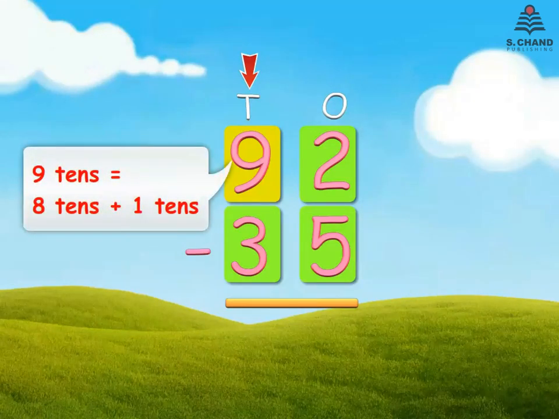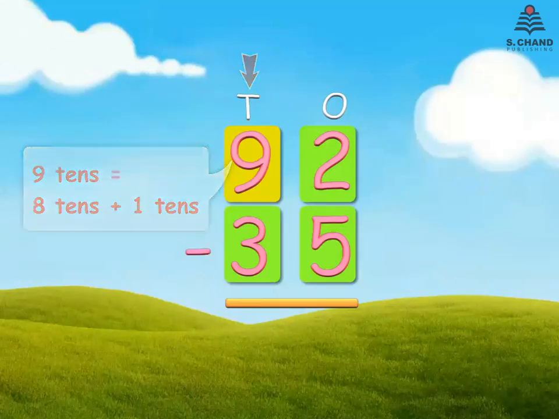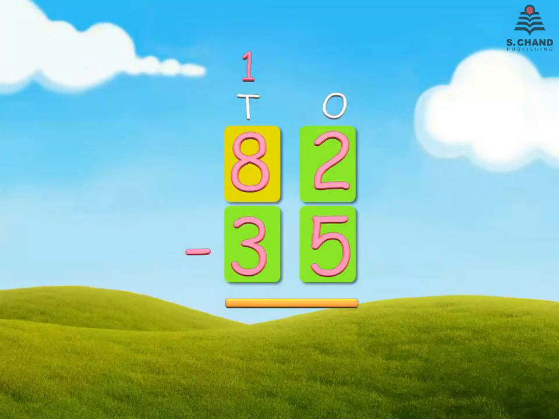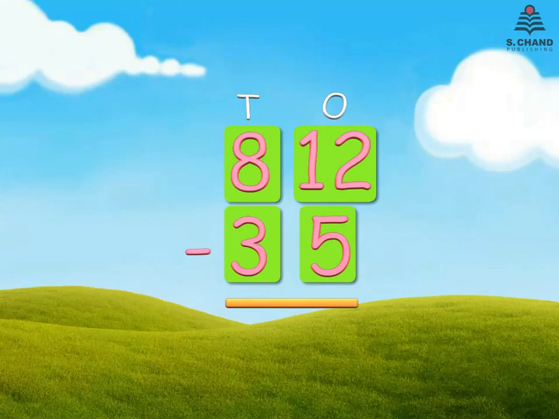We split 9 into an 8 and a 1. So in the tens column, we replace 9 with 8 and 1 at the top. Next, we regroup the 1 in the tens column to 10 ones and move them to the ones column. 10 ones and 2 ones equal 12 ones. 92 is now regrouped to 8 tens and 12 ones.